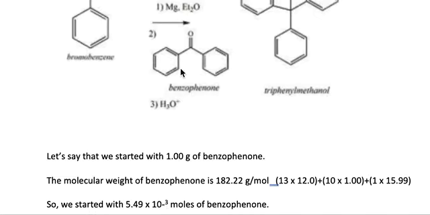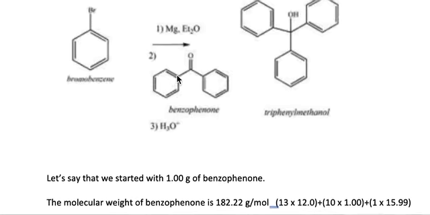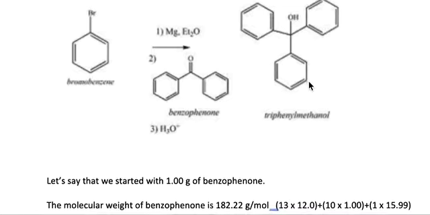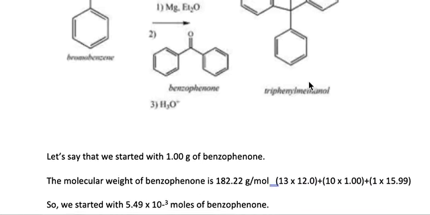So that tells us how many moles of benzophenone we started with. It also tells us our theoretical yield, right? If we start with 5.5 times 10 to the negative third moles of benzophenone, 100% yield, our theoretical yield, would mean we would expect 5.5 times 10 to the negative third moles of triphenylmethanol product, since it's a 1-to-1 ratio.